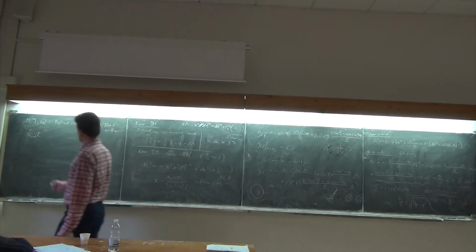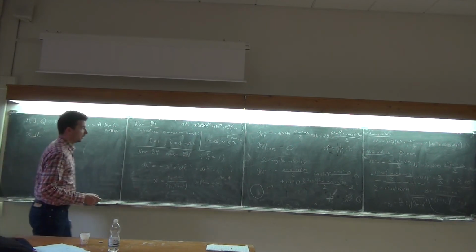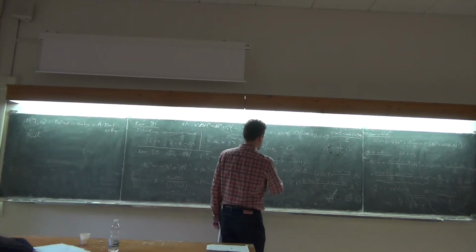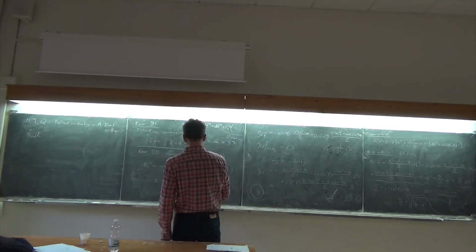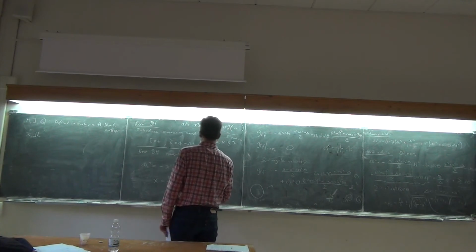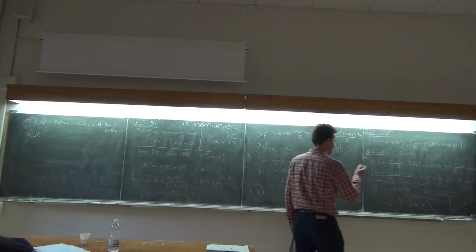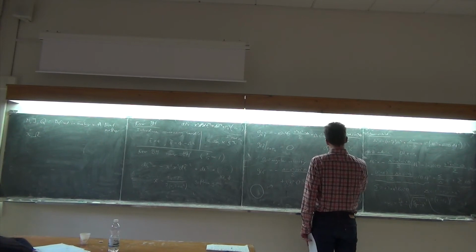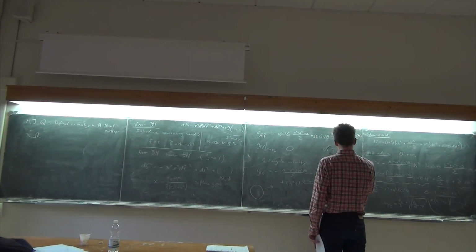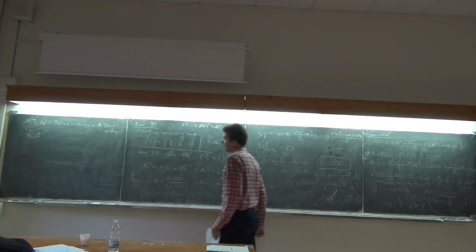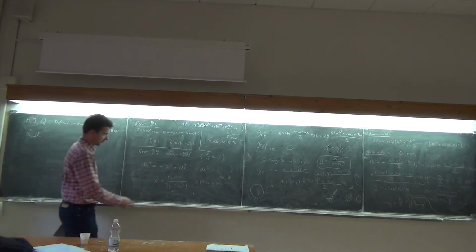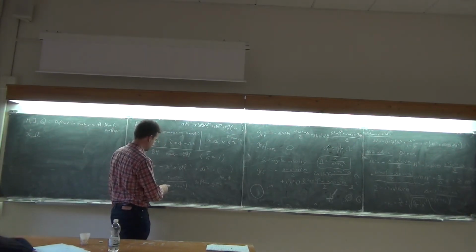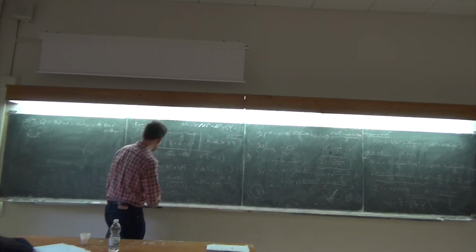So the angular velocity is just zero for Schwarzschild, but for the Kerr it's equal to this. And then we have the surface gravity also, which we found both for the Schwarzschild and the Kerr.